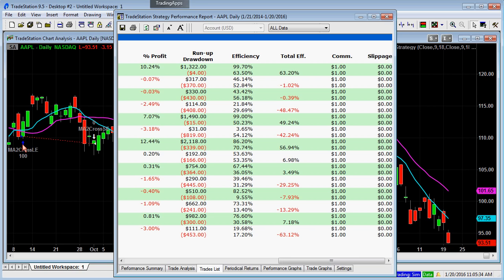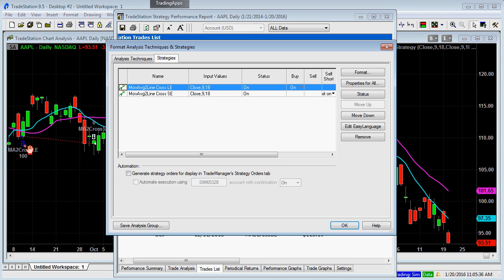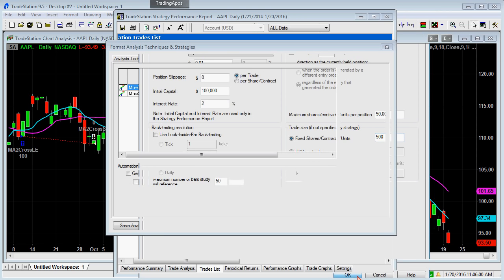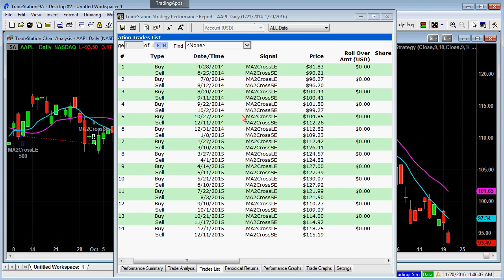If I come back here to the properties of the strategy and go to properties for all, I do have my commission in there, but if you wanted to increase your trade size, you do that on this same tab, but you look at the bottom right and notice how there's a fixed shares for the trade size. And I can say instead of 100, I'm going to trade 500. And when you click OK and OK, this recalculates.